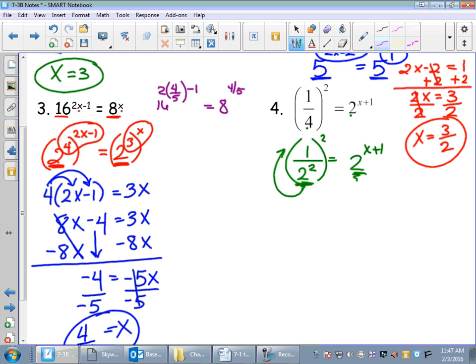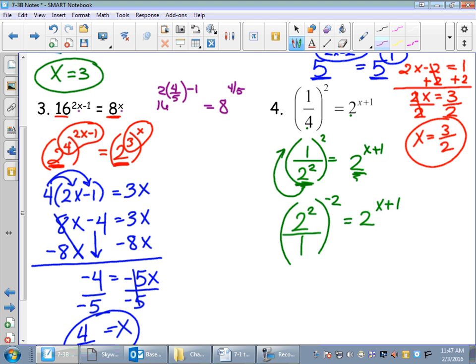That just means I have to raise it to the negative 2 power. So by bringing it up, 2 squared goes up top, 1 goes down below. It changes my second power to a negative second power. It's still equivalent as long as I changed one thing, so I have to change something else to balance it out. And that is equal to 2 to the x plus 1 power.